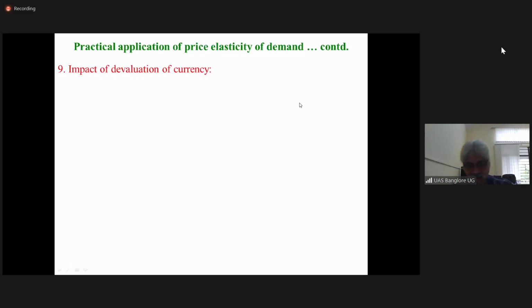Because an American, if he pays 50 rupees per kg of rice, he would get 1 kg. Now, suppose the exchange rate between the American dollar and the Indian rupee is, for every 1 American dollar, 75 rupees.